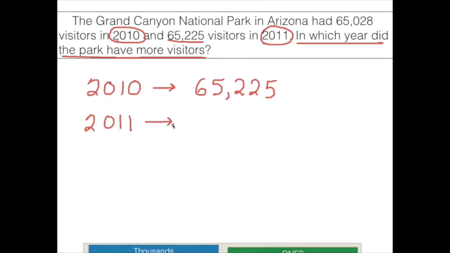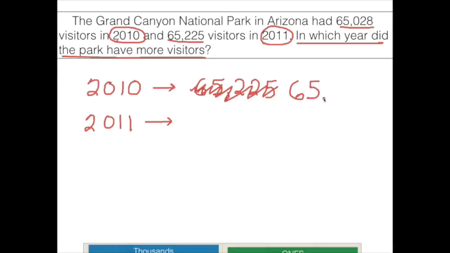Uh-oh. I made a mistake. Can you catch it? You see where I messed up? I'll give you a hint. It's when I was pulling my information from the problem down here. 3, 2, 1, where's my mistake? If you said in the year 2010 it was not 65,225, you are correct. This goes with 2010, so it's actually 65,000.